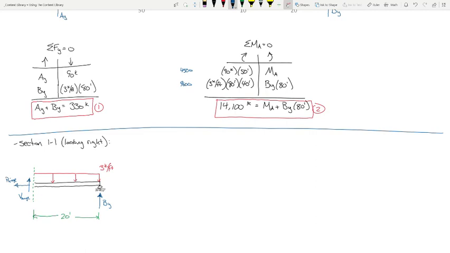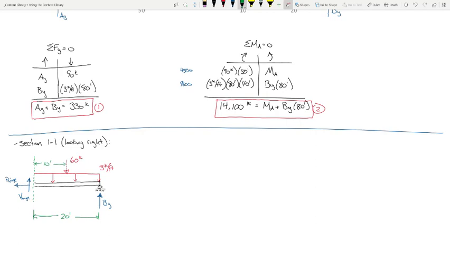Okay? Now, I'm going to take this distributed load. I don't like dealing with those if I can avoid it, so I'm going to collapse that into a single point load. How much is that point load? 60 kips. And how far away from my section? 10 feet. Okay.